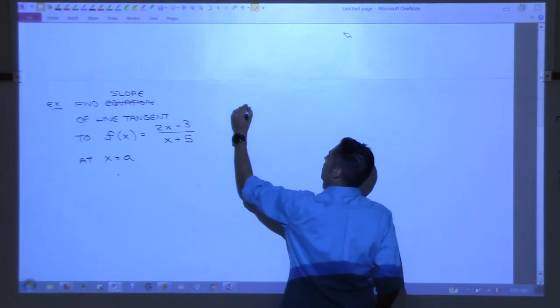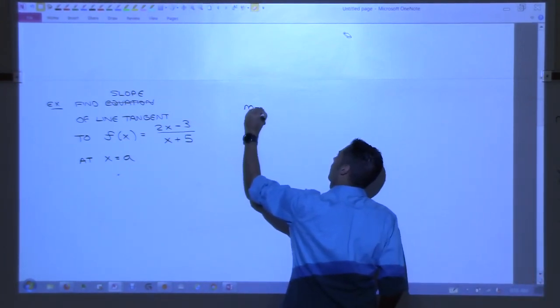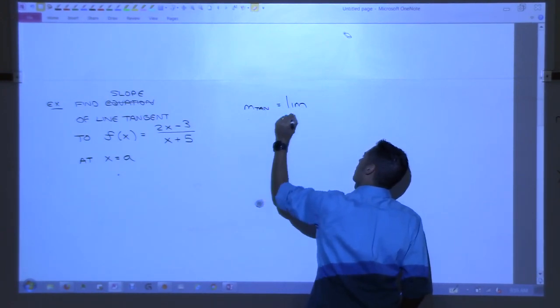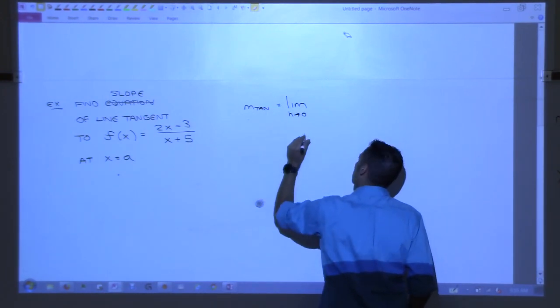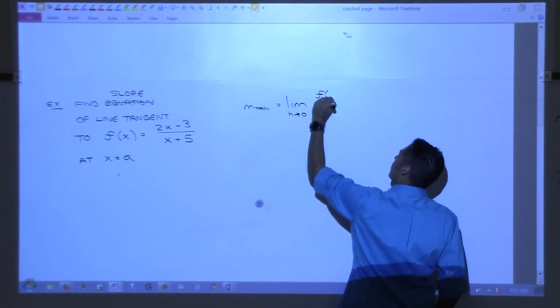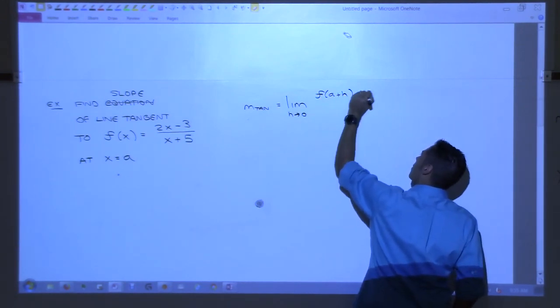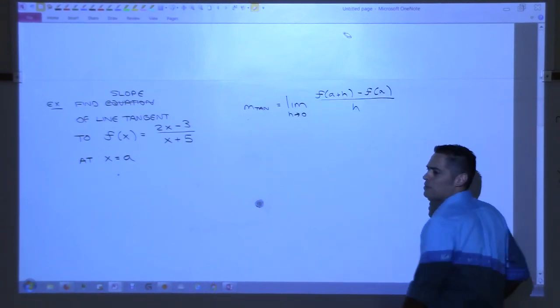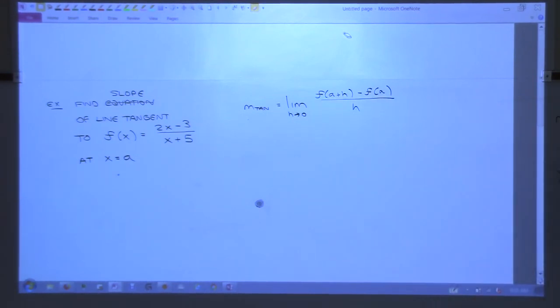All right, so the slope of the tangent line here is equal to the limit as h goes to 0 of f of a plus h minus f of a, all over h. And we know we're headed for some rough algebra here.